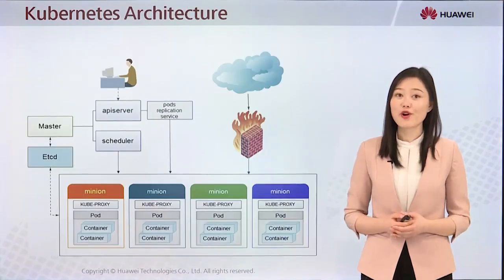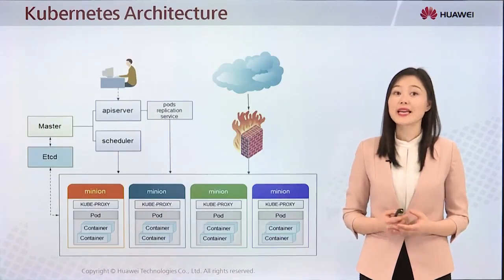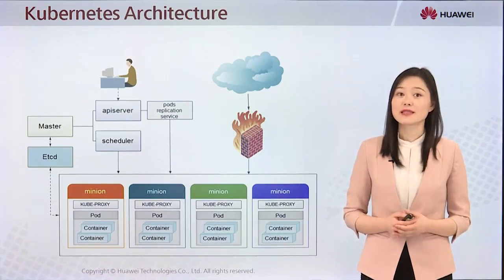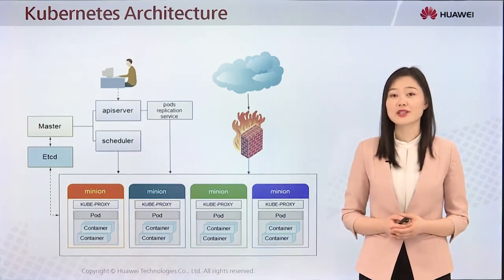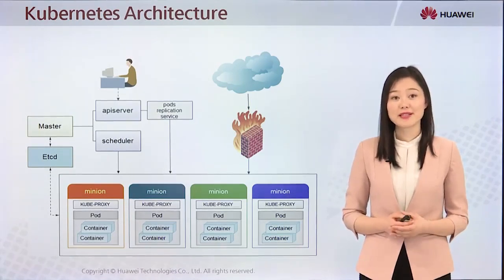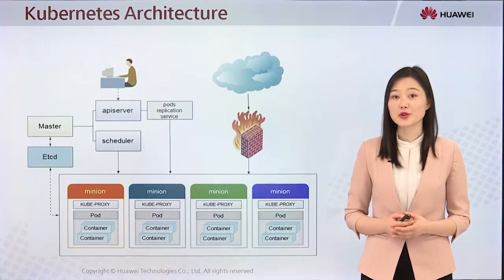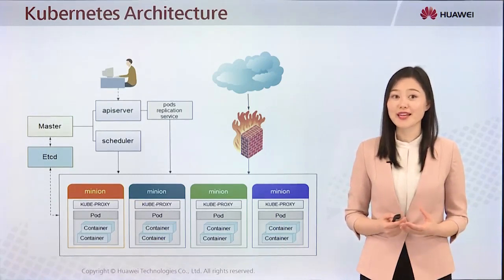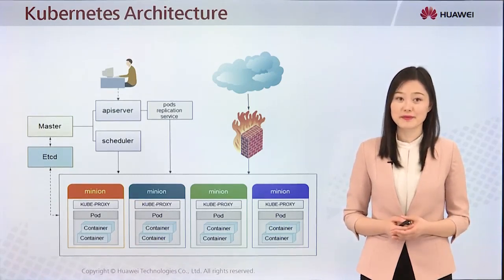Kubernetes has 4 main components. etcd stores the definitions and status of all of Kubernetes components. KubeAPI Server exposes the Kubernetes API and provides security mechanisms.